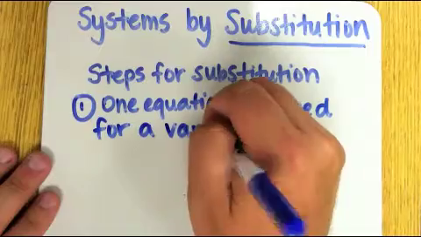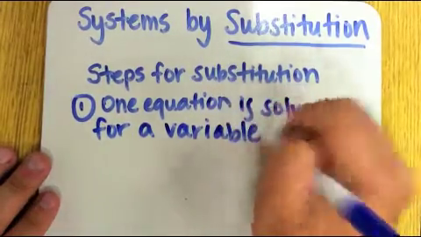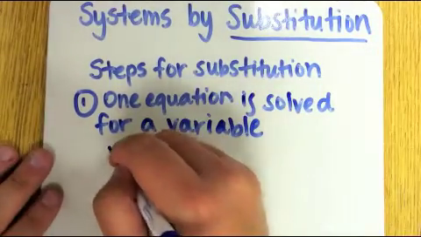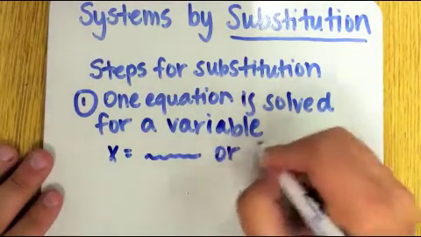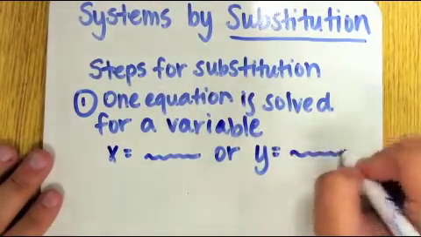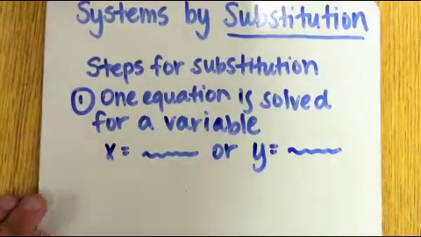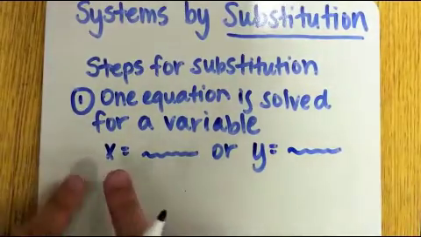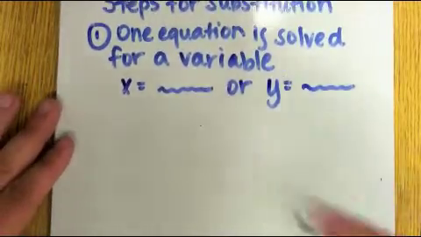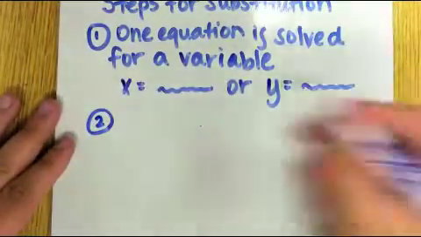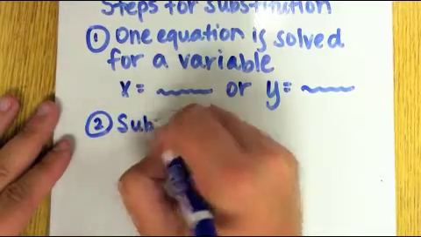So what I mean by that is you want to make sure that you have one of your equations where it's either x equals blah, blah, blah, or y equals blah, blah, blah. It does not matter which one. You just want to make sure that one of the equations is solved for either x or it is solved for y.